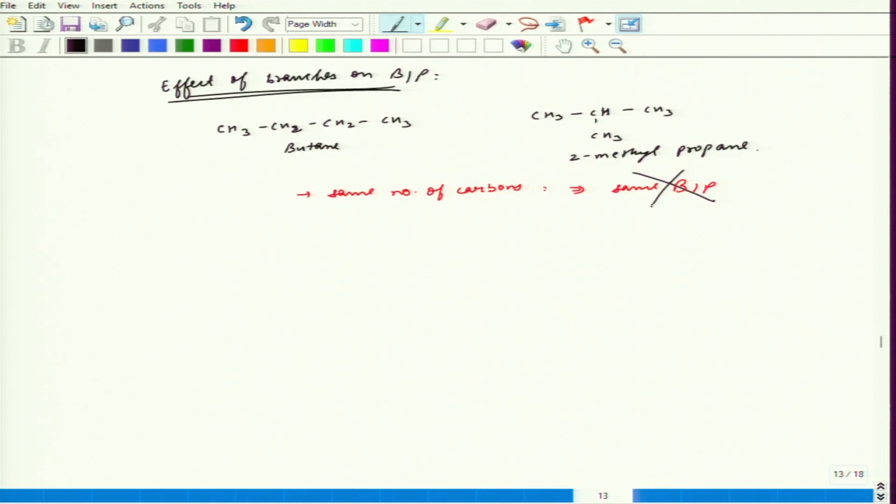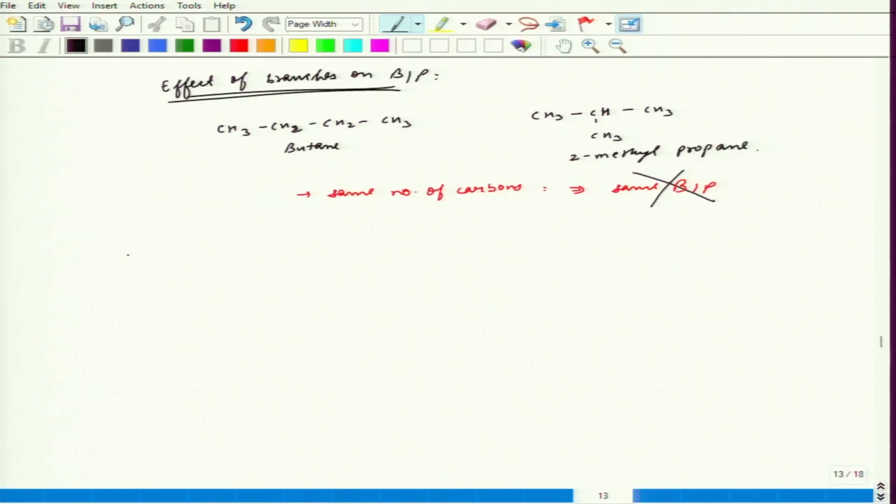I have already told that these two are isomers. If these two are isomers, they only have the same molecular formula. They will have different physical properties and different chemical properties, and boiling point is one of the physical properties. So one thing is for sure, that the boiling point will be different. So how do we differentiate it?